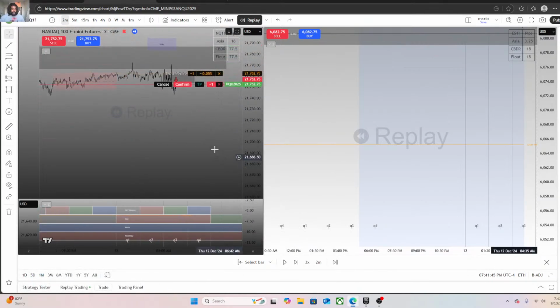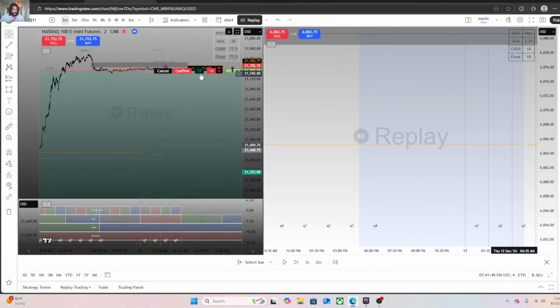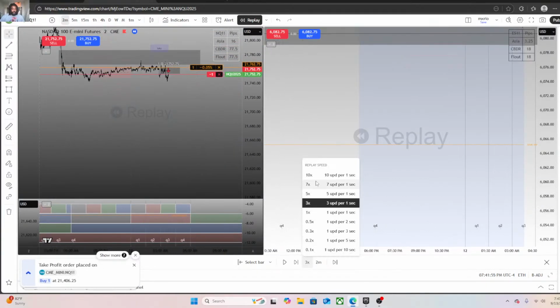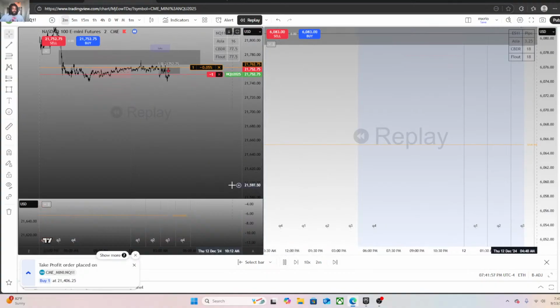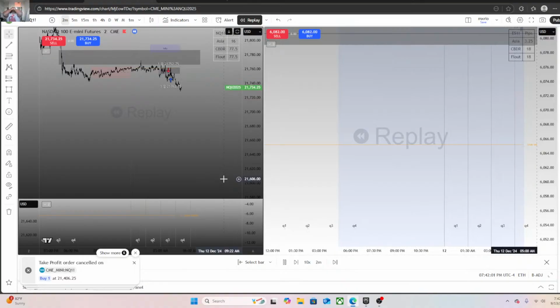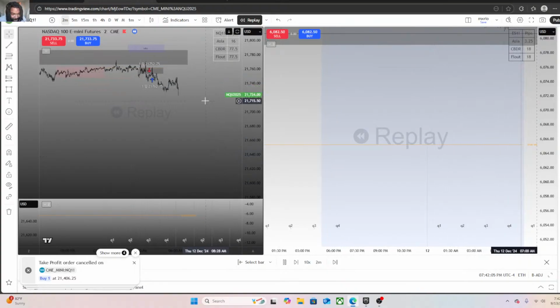Now for this trade, not gonna lie, I'd have been overconfident. I'm trying to get better at holding my trades to TP. So let's see what price did. No! Oh my goodness.